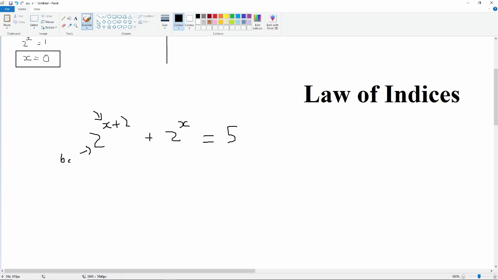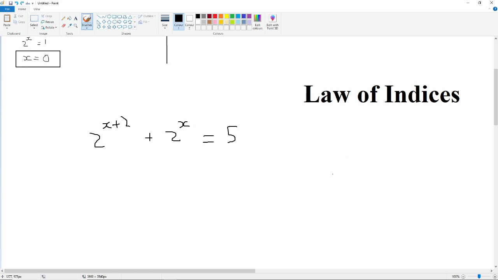So this is the base, and this is the index. And we have another index here, and we have another base here. Okay, so I hope now we know what the base and the index are.